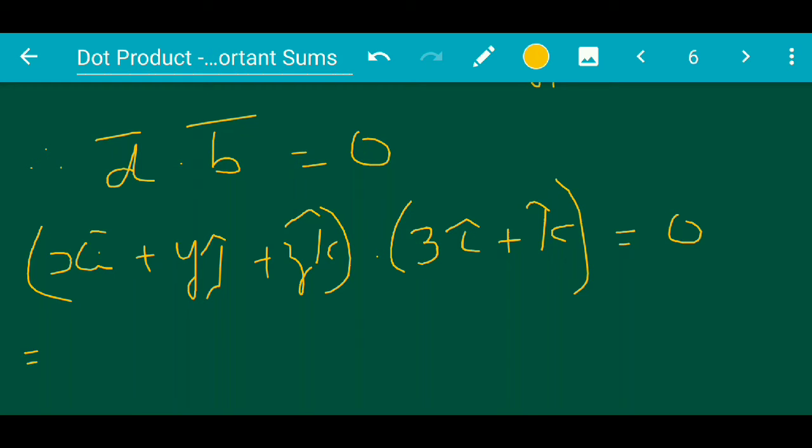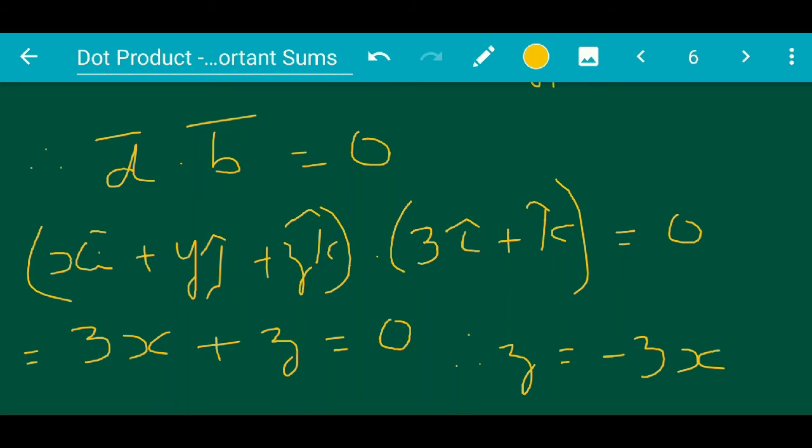Solving it further, you know how to take the dot product, isn't it? We get 3x. The y term is not there in the second bracket, but the z term is there. So 3x plus z is equal to 0, and from this we can say that z is equal to minus 3x.